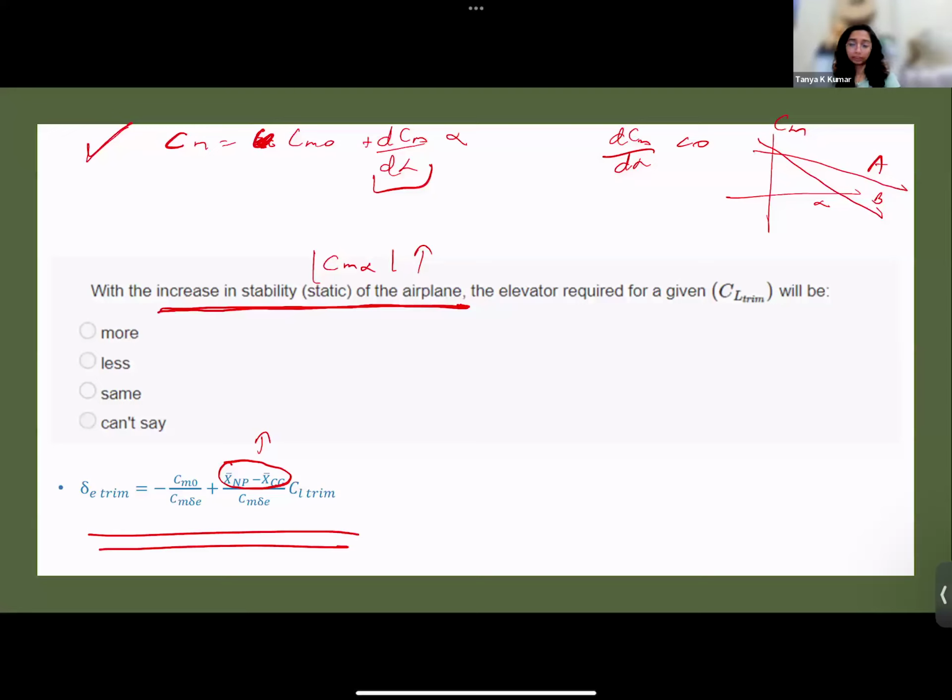Is it more elevator deflection, less, same, can't say? Try to solve this, take a couple of minutes.